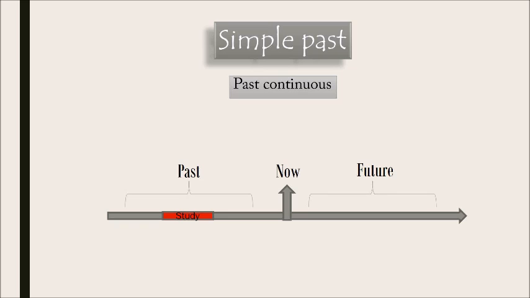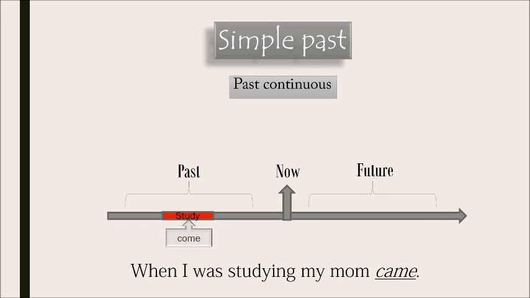When I was doing this action, another action happened. My mom came. So, how will I create the sentence? When I was studying, my mom came. So the long activity, which was in progress, didn't finish. I will put it in past continuous. I was studying. The short activity, which happened during this long activity, I will put it in the simple past. My mom came.